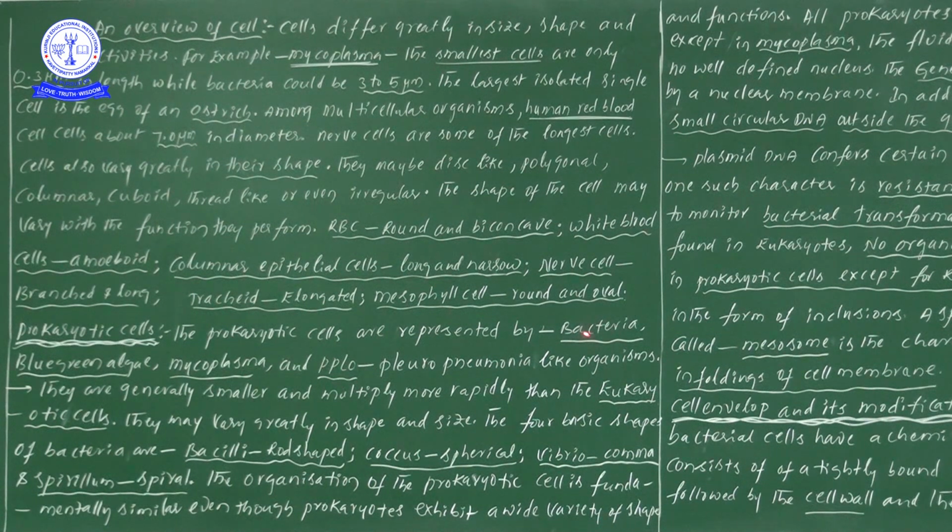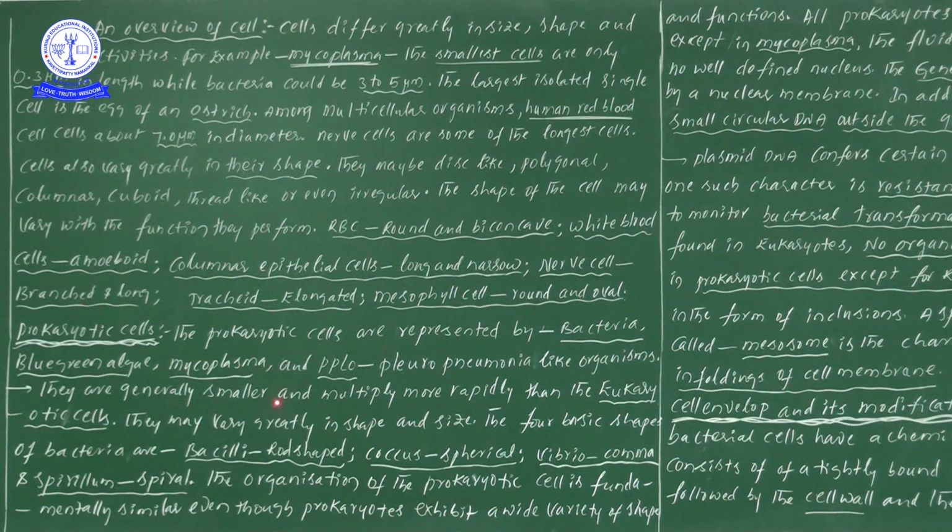From our textbook point of view, there are four different types of organisms included under prokaryotic cells. PPLO is nothing but pleuropneumonia-like organisms.